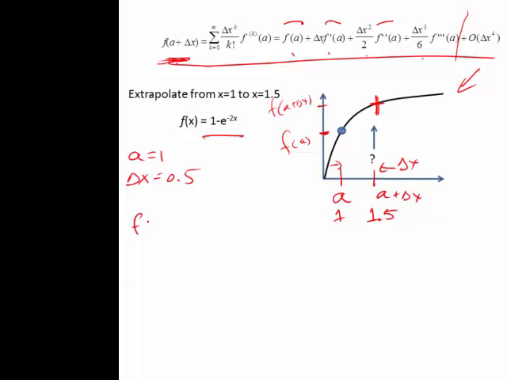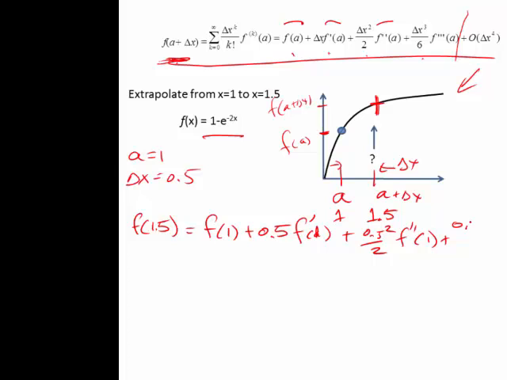On the left side, it's the function evaluated at 1.5, and that equals the function evaluated at 1 plus delta x, which is 0.5, times the derivative evaluated at 1, plus delta x, which is 0.5 squared over 2, times the second derivative at 1, plus 0.5 cubed over 6 times the third derivative evaluated at 1.